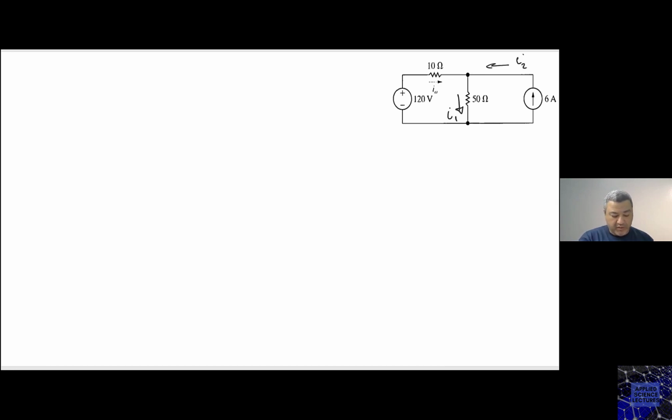We have I1 as 3 ampere, and I naught as minus 3 ampere.